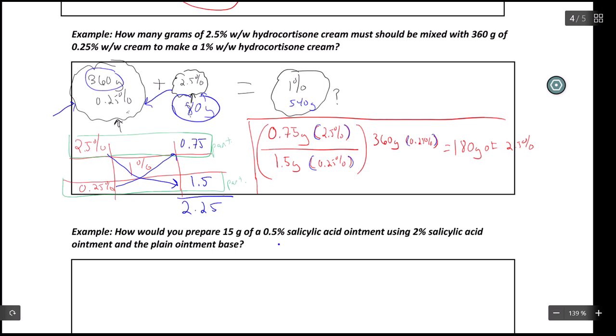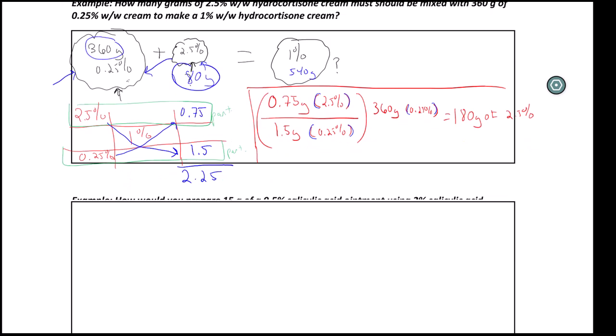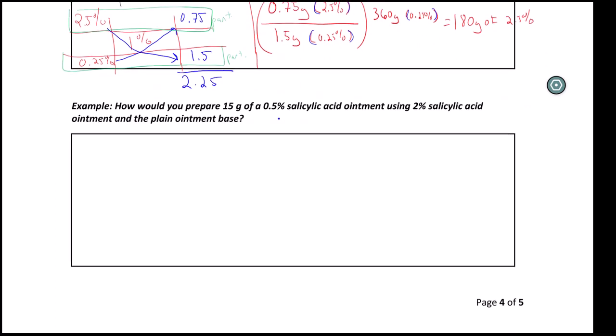Let's look at an example that now tells us a specific amount that we want to make. This says that we want to prepare 15 grams of a 0.5% salicylic acid using 2% and plain base. So we have 2% and we're going to dilute down. Draw our checkerboard. Here we go. In the top left, highest concentration we have, 2%.